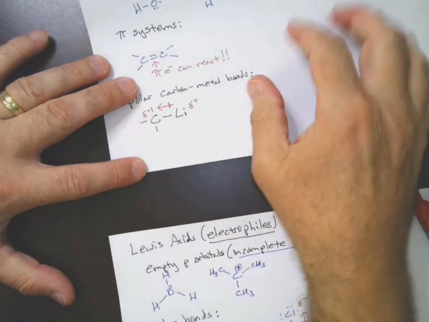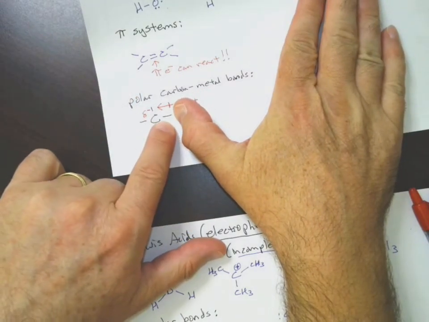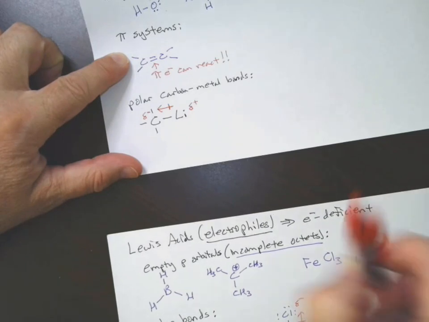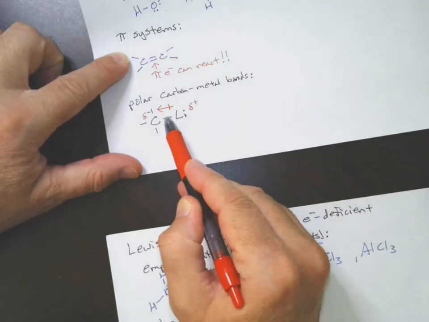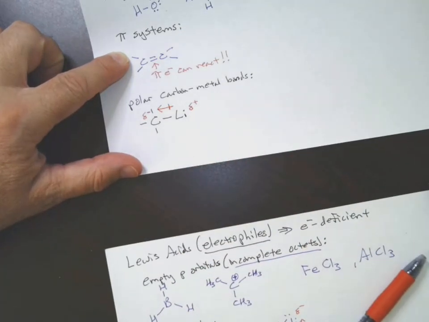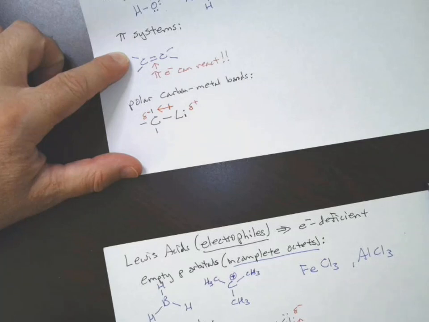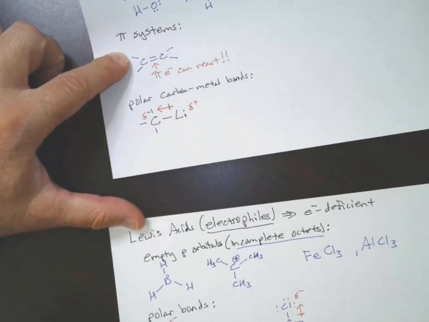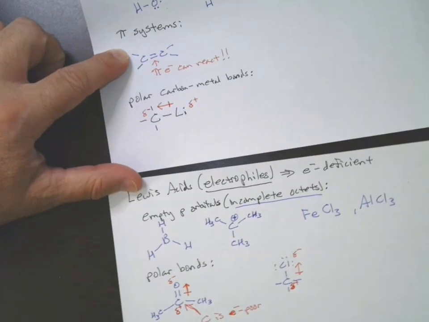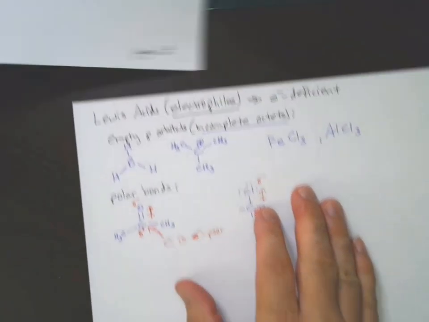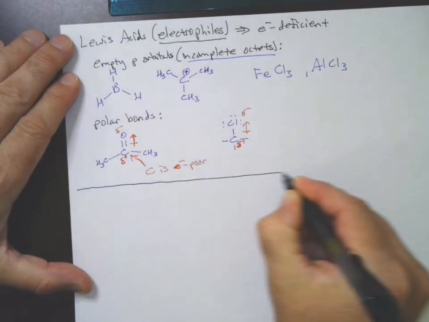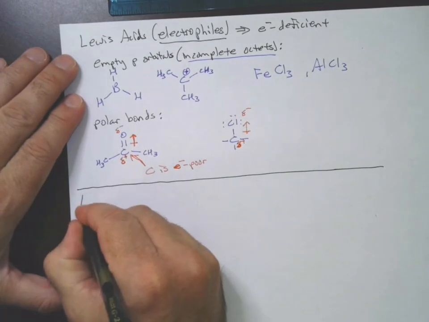So this basically functions like a carbanion, like having a lone pair and a negative charge there. So this pair of electrons can do a Lewis acid base reaction pretty readily. Okay, so I just wanted to mention there was another type of polarity. All right, so anyway, let's take a look then at some Lewis acid base reactions.